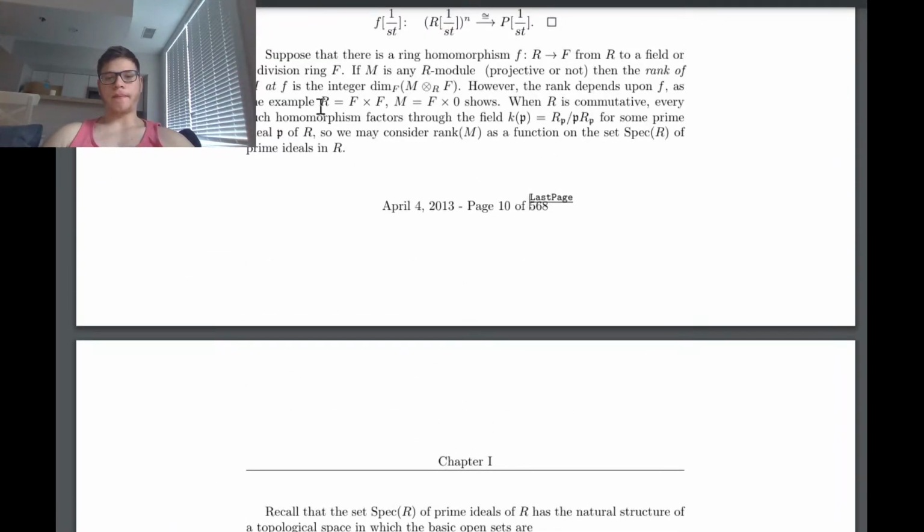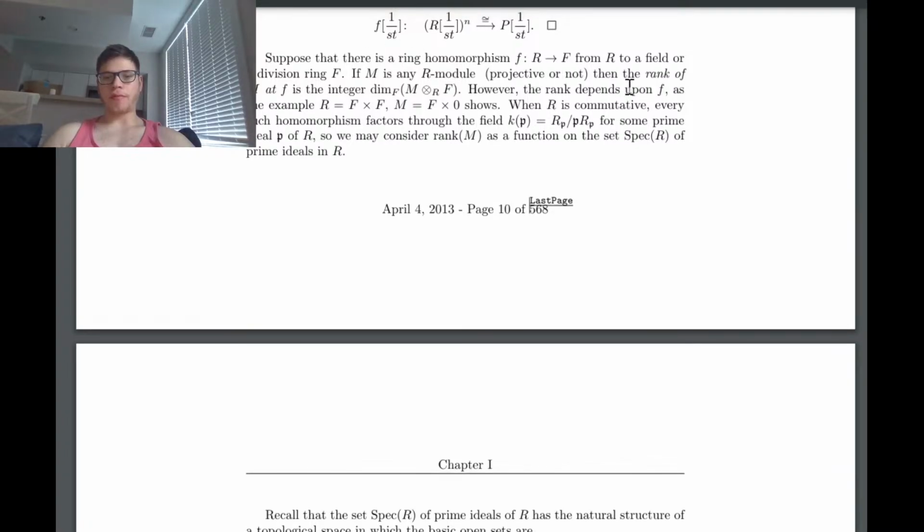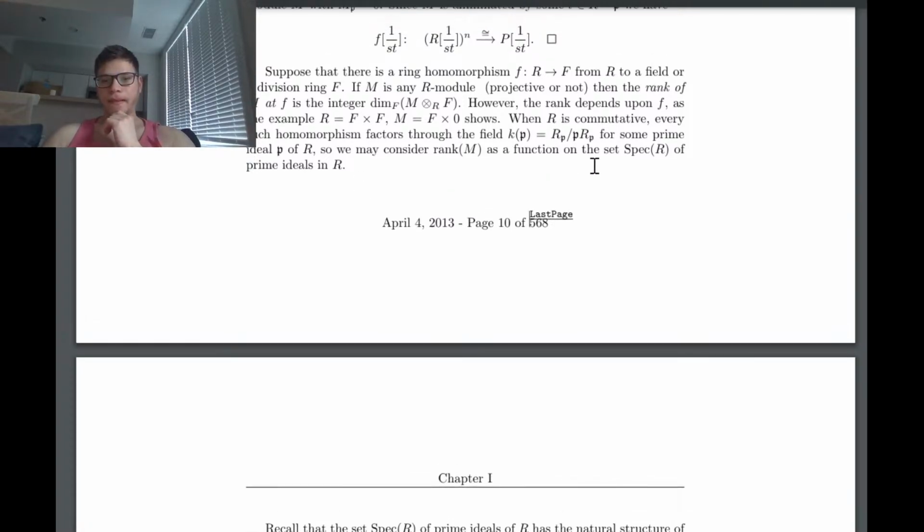Recall that suppose there is a ring homomorphism to a field. If M is a module, then the rank of M at F is this dimension. The rank depends upon F, obviously, because different embeddings are going to give you different ranks.